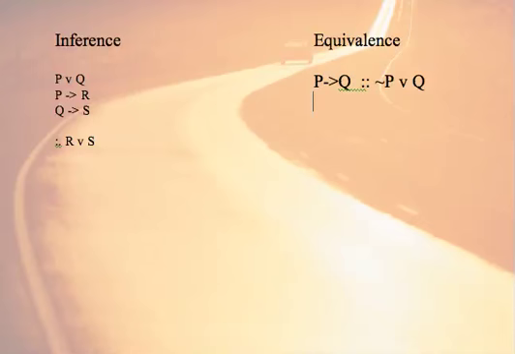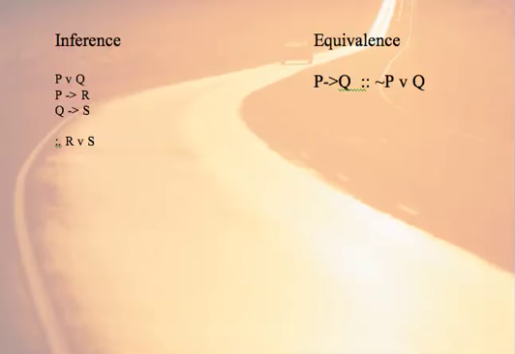But note, in an equivalence rule, if you get this in one line of the proof, you could say this in another, well, without the colons there. And if you had this in one line of a proof, you could say this. How we would do that would be something like this.